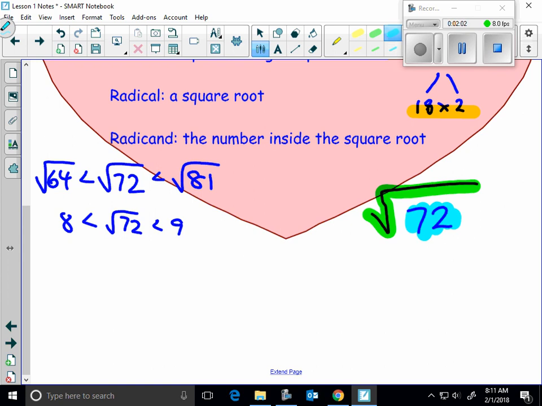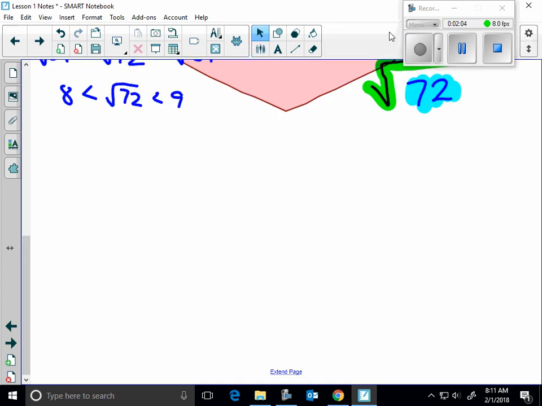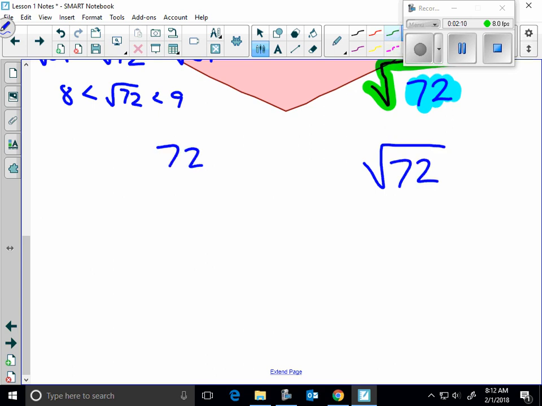Okay, so you can go the long way on these problems or you can go the short way. So here's my radical, here's my radicand. I'm going to think about the factors of 72. Well, 9 and 8, sure, absolutely. What else? 72 and 1, okay.